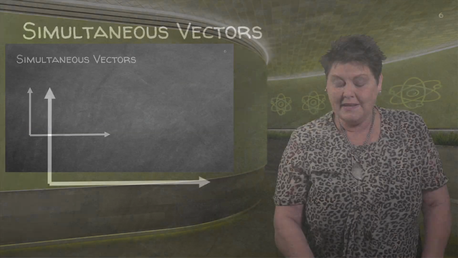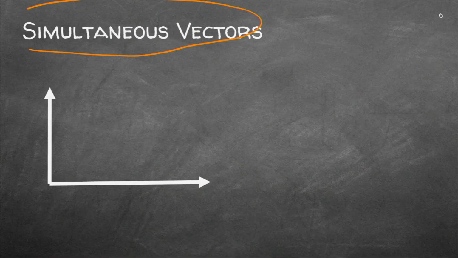Right, we can also find simultaneous vectors. Now, simultaneous vectors happen at exactly the same time. So I've got an object there, and I'm pulling this object with a force this side 5 Newton and that side 3 Newton. Now, where will this object be? If I pulled it only with this one, it would have been there.